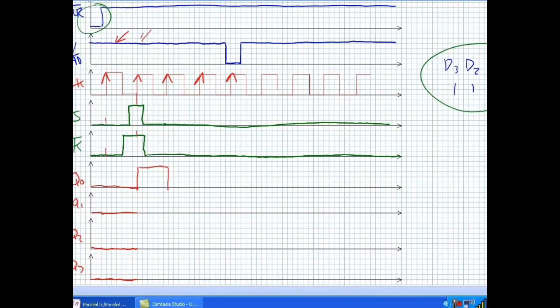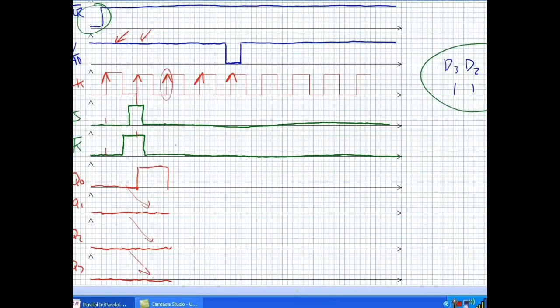And we're still in this shift command. So Q0's 0 was shifted to there, Q1's 0 is shifted to there, Q3's 0 is shifted to there.